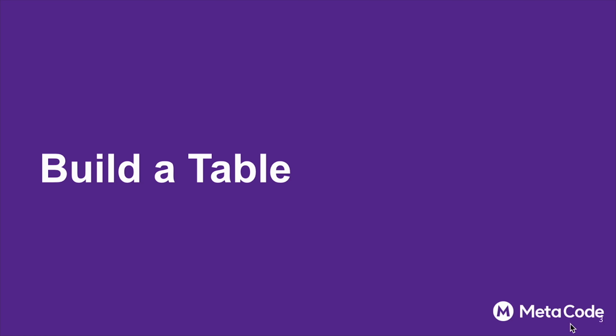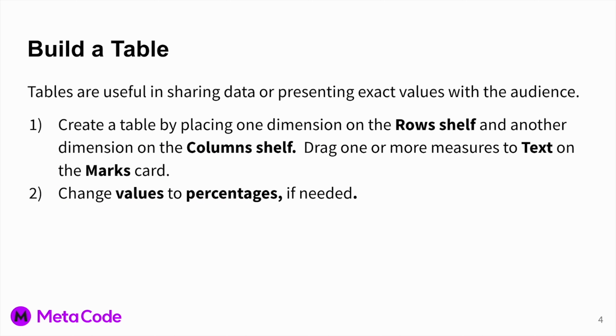Okay, first, let's learn to build a table. Tables are useful in sharing data or presenting exact values with the audience. To build a table, we first need to create a table by placing one dimension on the rows shelf and another dimension on the columns shelf. Drag one or more measures to text on the marks card.